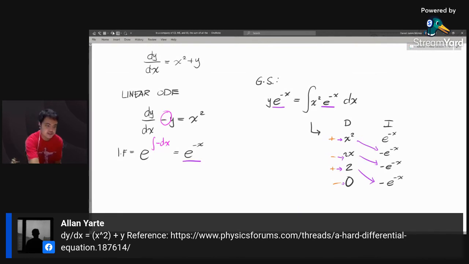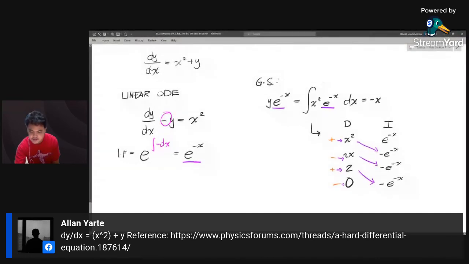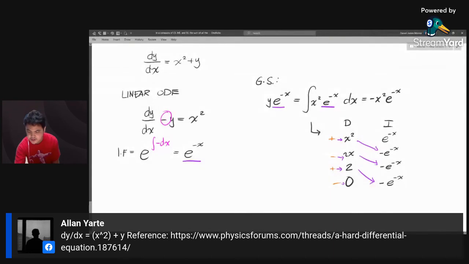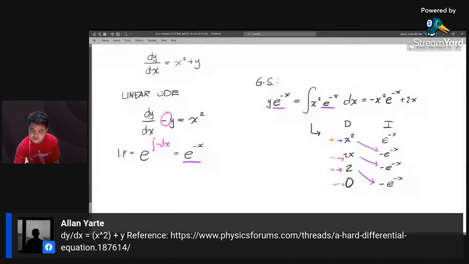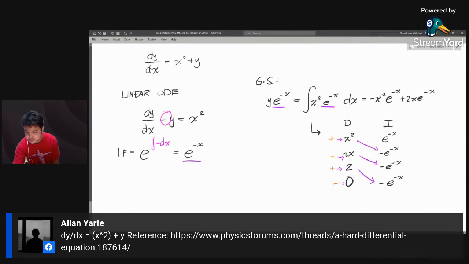So, the integral here is equal to, unahin natin yung x squared, negative e raised to negative x squared. So, negative x squared, e raised to negative x. Then, yung negative 2x, tsaka negative x. So, magiging plus 2x, e raised to negative x. Then, yung 2, tsaka negative e raised to negative x.